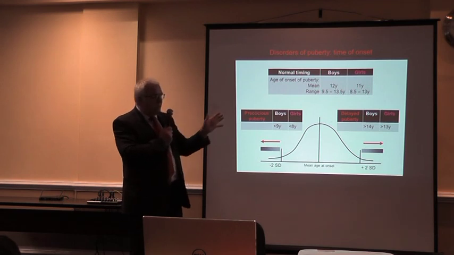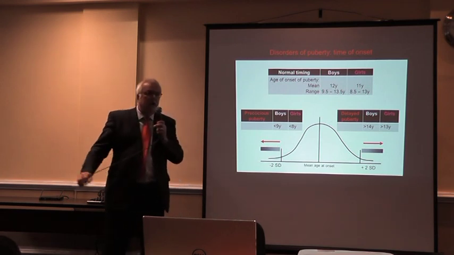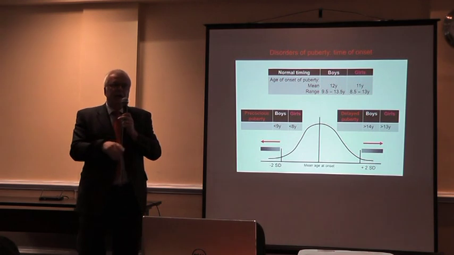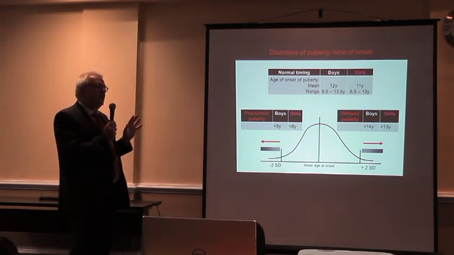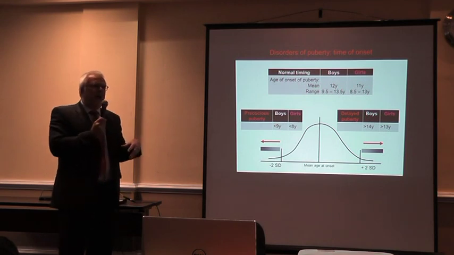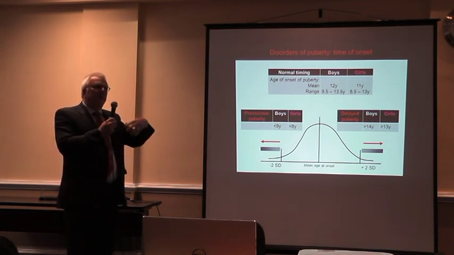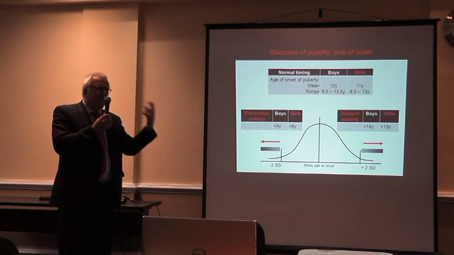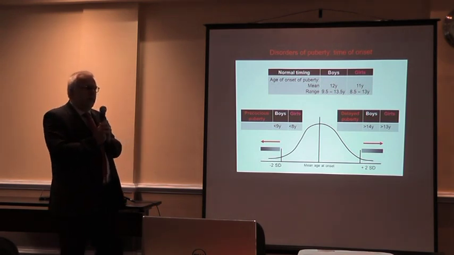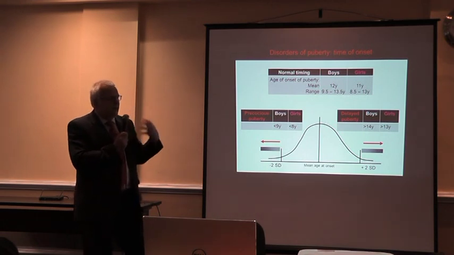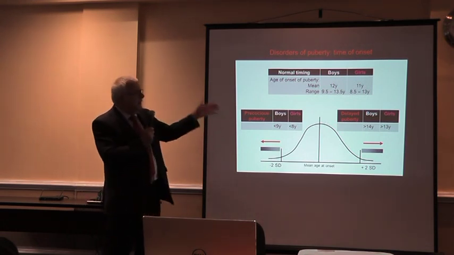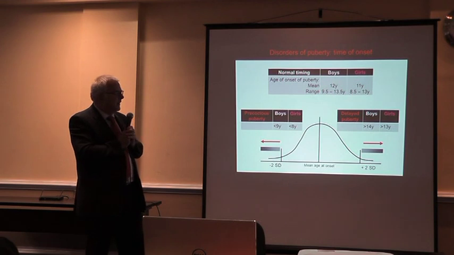So if things are happening before that time, then again, it's worth getting a paediatric endocrinologist involved. Now, sometimes you'll see, say, a little bit of pubic hair, but nothing else. So that's an innocent variant of puberty. For a girl, it's if breast buds start appearing and keep developing. Boys, it's the testicles if they start growing.